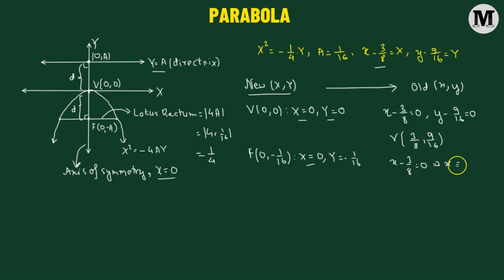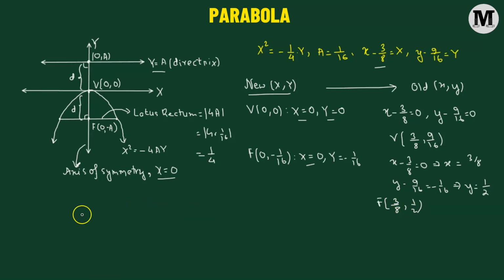That's going to give us x equals 3 over 8. And then we have y equals negative 1 over 16, but in place of y, we're going to use y minus 9 over 16. And this will be equal to negative 1 over 16, which means that y will be equal to 8 over 16 when we transpose it to the right hand side, and 8 over 16 is simply 1 over 2. That means the coordinates of the focus are going to be 3 over 8 comma 1 over 2.